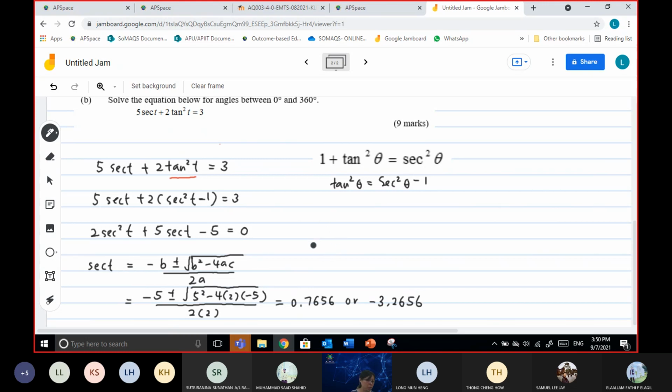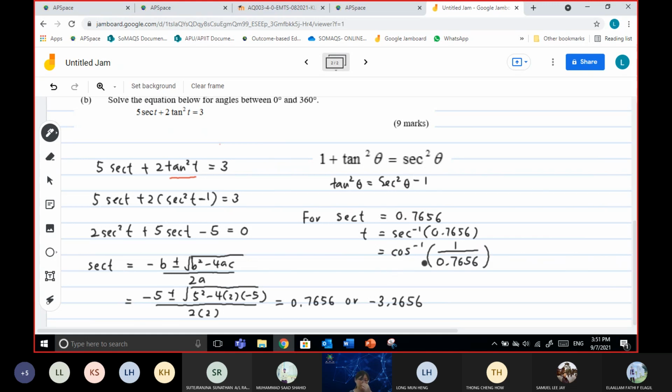Now, for the first value, secant t equals 0.7656. To solve this, t equals arc secant of 0.7656, and since secant equals 1 over cos, arc secant is arc cos of 1 over 0.7656.